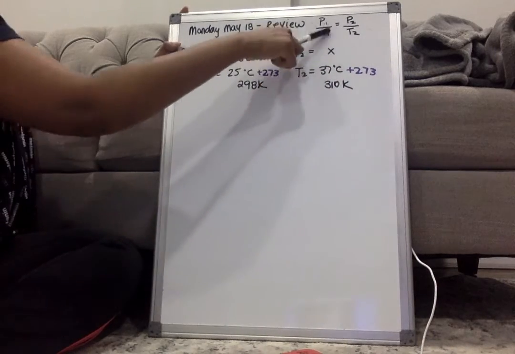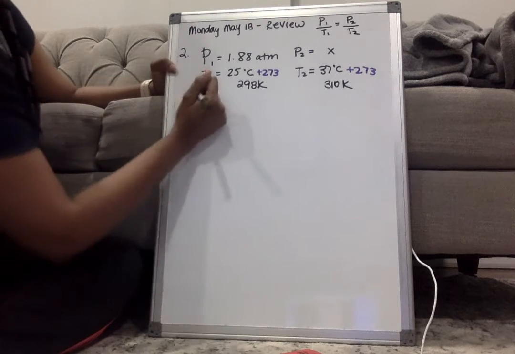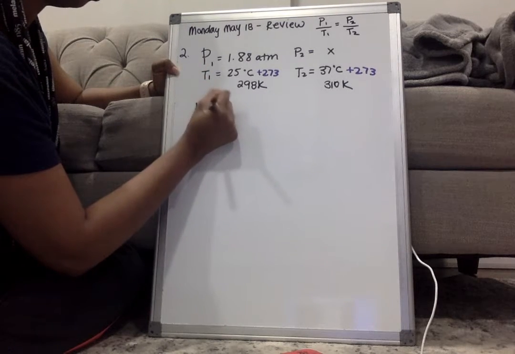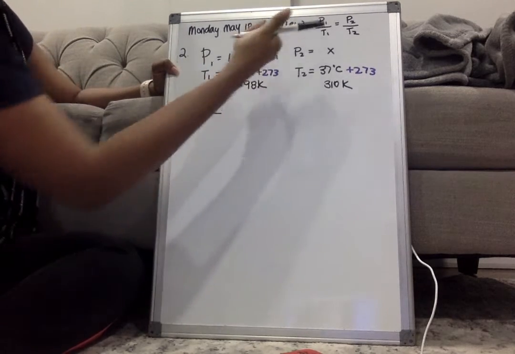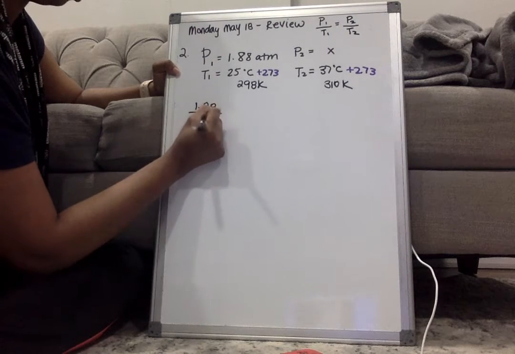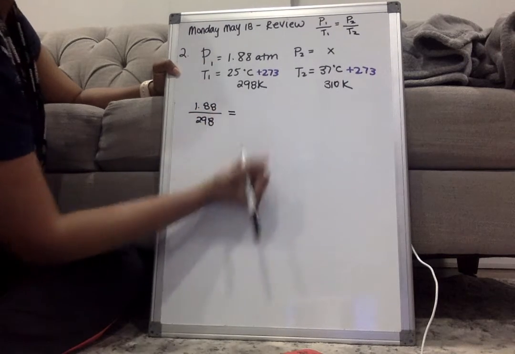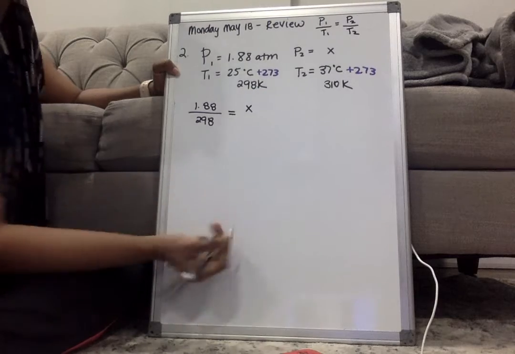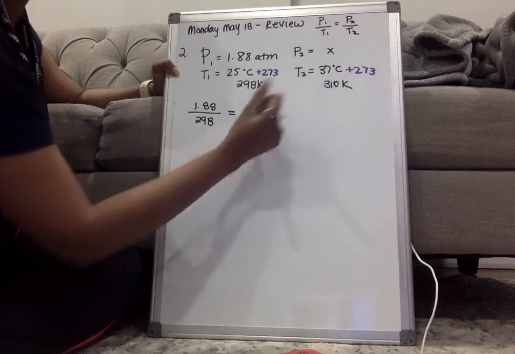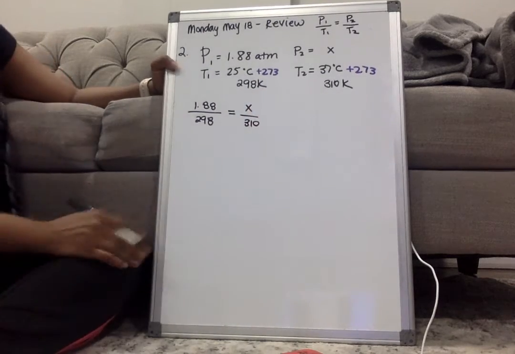So now we're going to plug into our equation. So P1 divided by T1 equals, we don't know P2, I'm going to put an X, divided by 310. Okay.